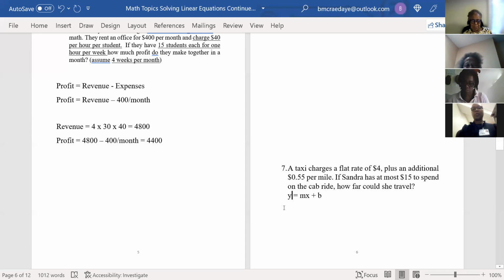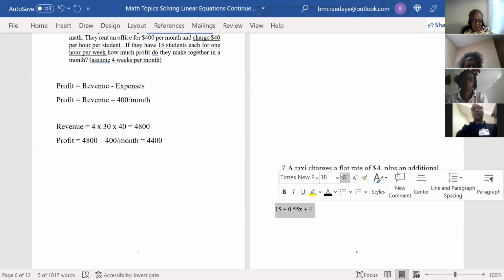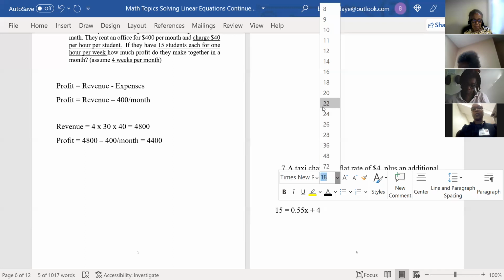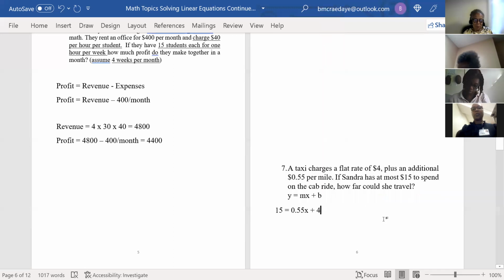So plug in the numbers, and this is the way it will look: 15 = 0.55x + 4. Solve that equation for x. I'll give you a few minutes.